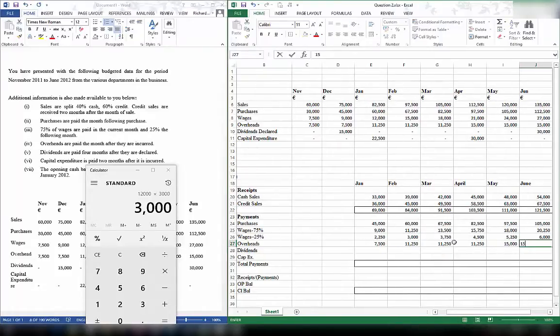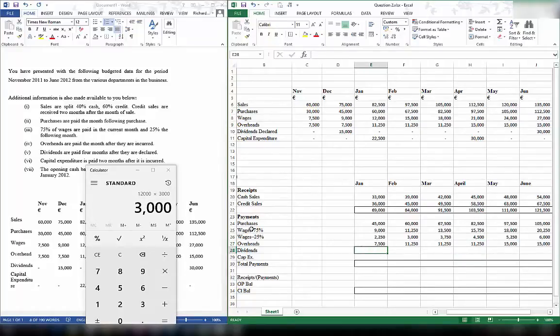And in June, our 15,000 that we incurred in May. So again, it's just the previous month into this month and so on. In March, we paid the overheads that were incurred in February. In April, we pay the overheads that were incurred in March, and so on.